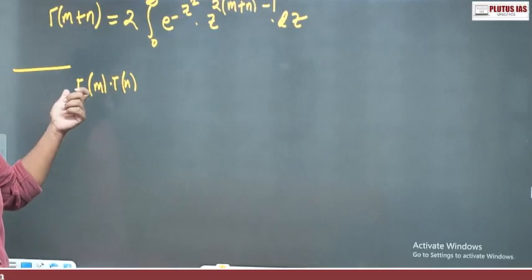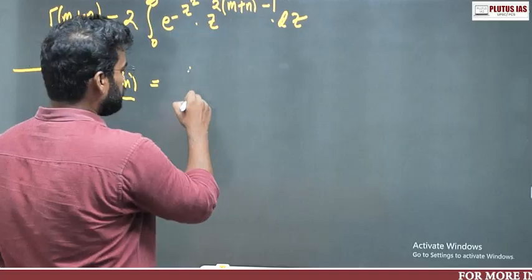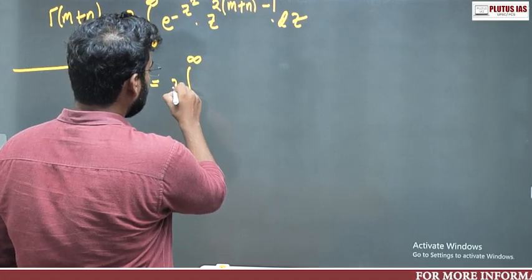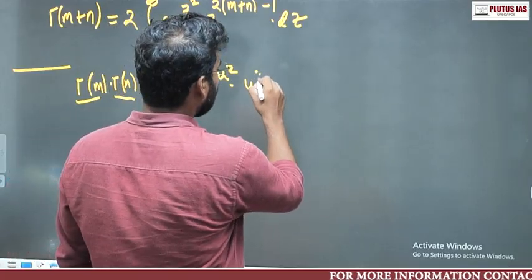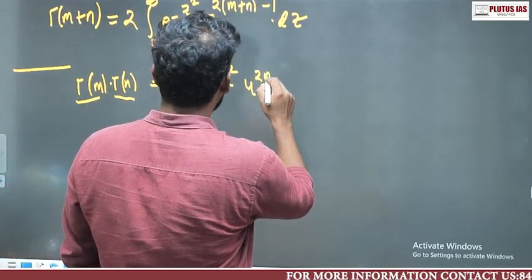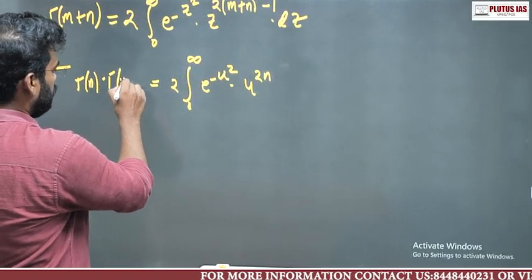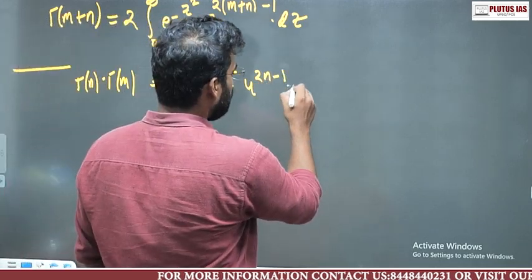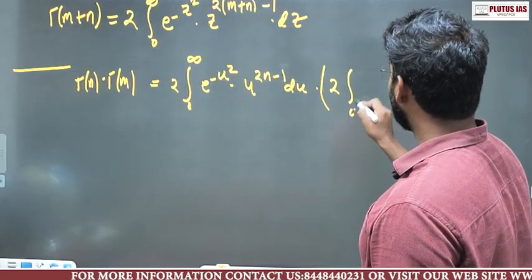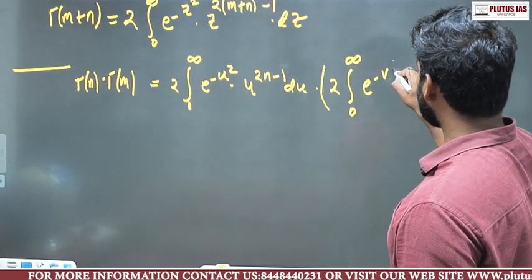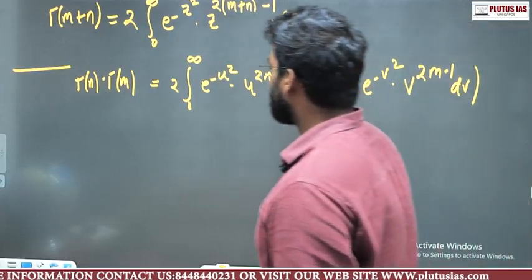Now to take the product of two integrals: 0 to infinity e to the power minus u square, u to the power 2n minus 1 du, into 0 to infinity exponential minus v square, v to the power 2m minus 1 dv.